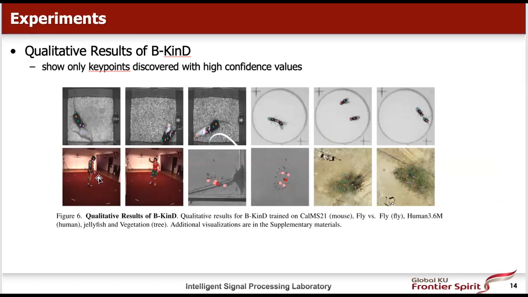We can see in the human example, the proposed method can detect the key points of the human, for example, the key points in the legs and the arms and the body. So it is effective to detect the semantically meaningful key points in the videos.